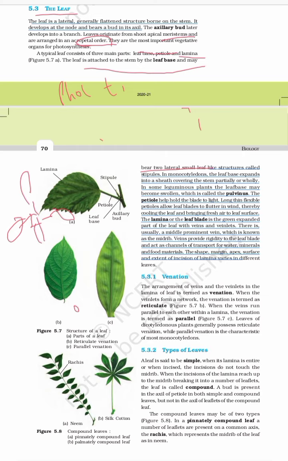Now in monocotyledons, the leaf base expands into a sheath covering the stem partially or wholly. In some leguminous plants, the leaf base may become swollen and it's called pulvinus. The second was the petiole, as I have told you, it holds the leaf, right? It is long. And the third one, lamina, that also I have told you about.